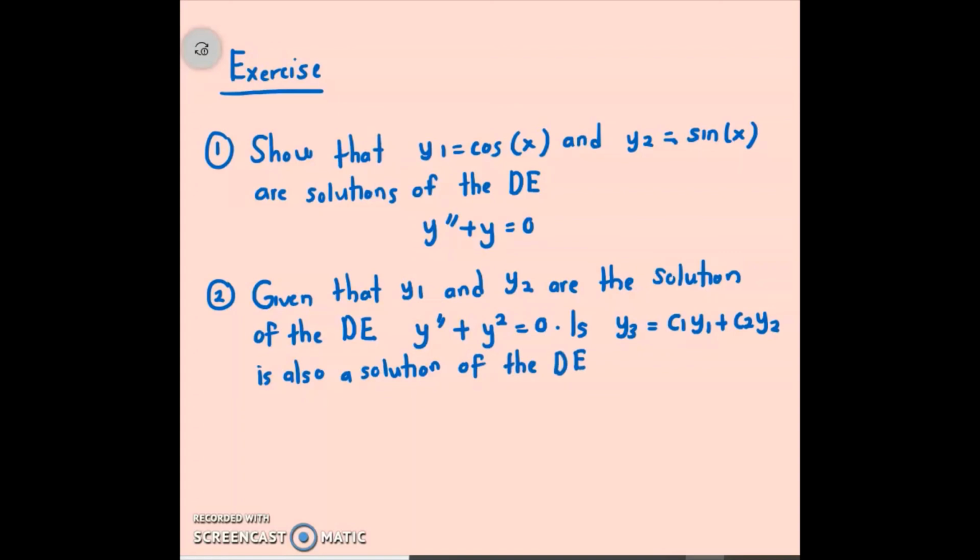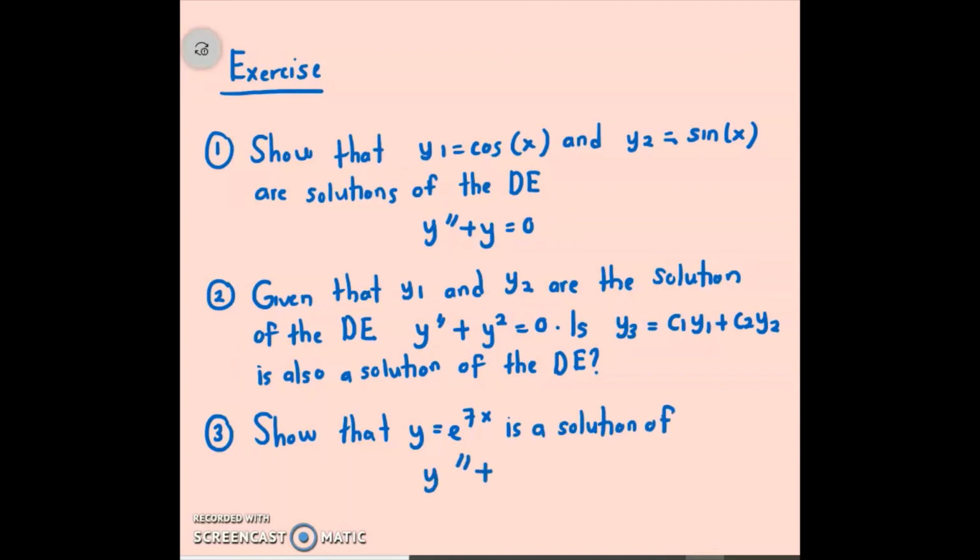That's number 2. And lastly, the third exercise: show that y equals e to the 7x is a solution of y double prime plus 9y prime plus 14y equals 0.